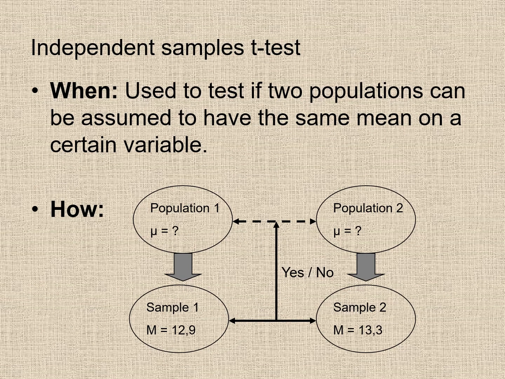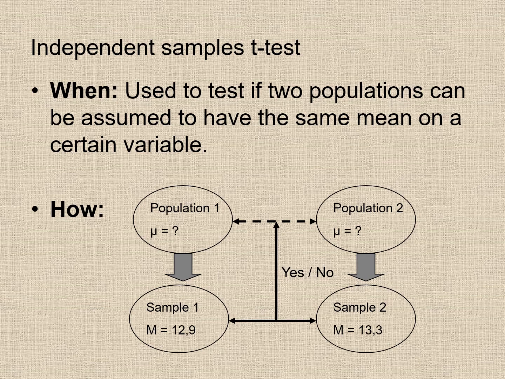So the next t-test is called the independent samples t-test. We use this when we want to estimate if two populations can be assumed to have the same mean on a certain variable that we're interested in. So we have two populations, population 1 and 2. We don't know the population means, but we have a sample from each population.